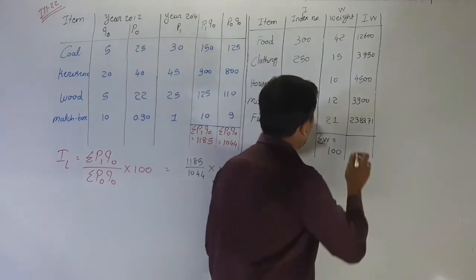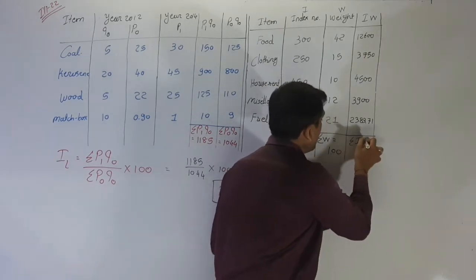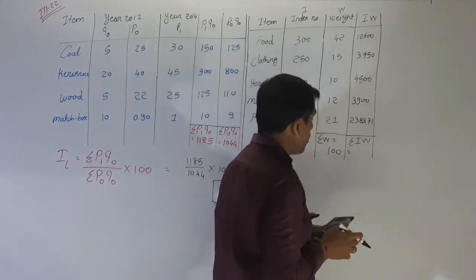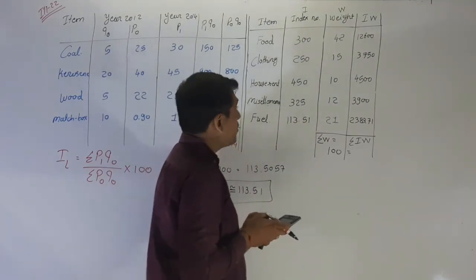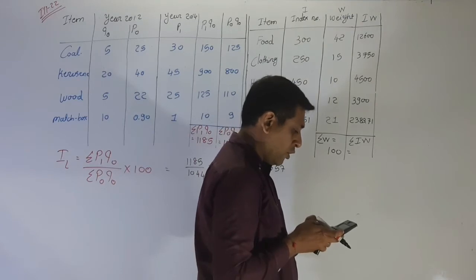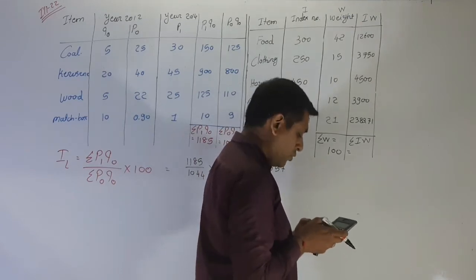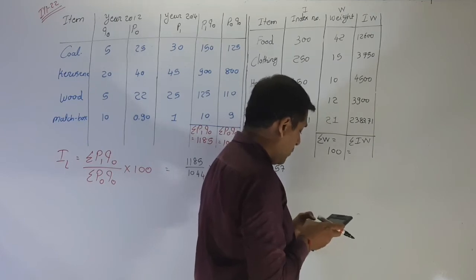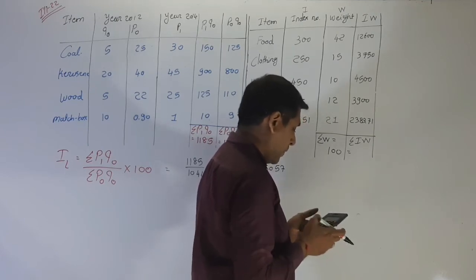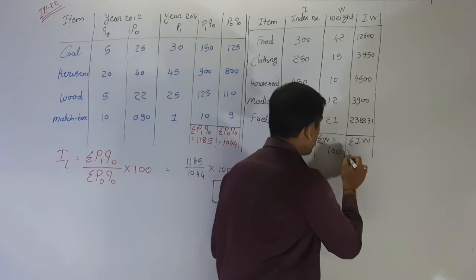Now make the total of sigma IW: 12,600 plus 3750 plus 4,500 plus 3,900 plus 2383.71.